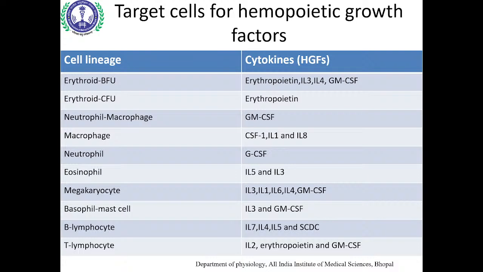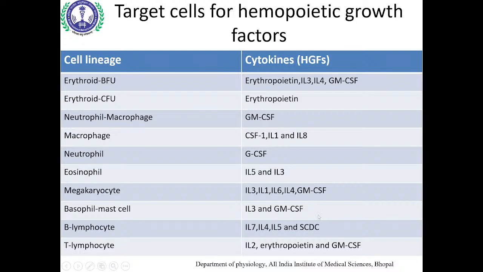For platelets it is thrombopoietin. For the eosinophils it is specifically IL, full form interleukin 5 and 3, right. These are all cytokines. And then for neutrophils and macrophages, we have growth factors, colony stimulating factors for granulocytes and monocytes.